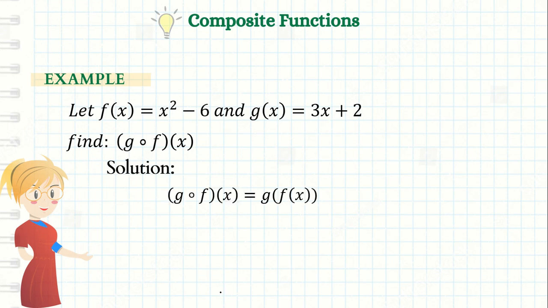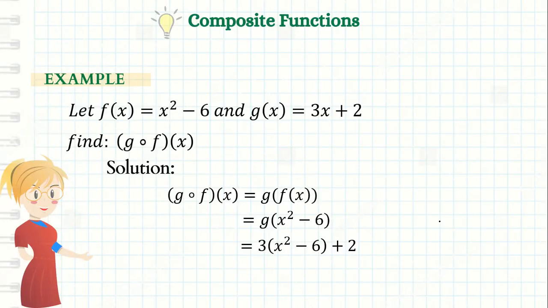So for this time naman, mga anak, we have the domain f of x. May nagsagot, si Princess. Princess says it's 3x squared minus 20. So let's check. Palitan po natin lahat ng x ng g of x squared minus 6. So magiging ganito po ang itsura niya: 3 times x squared minus 6 plus 2.